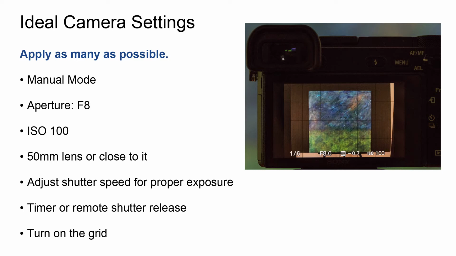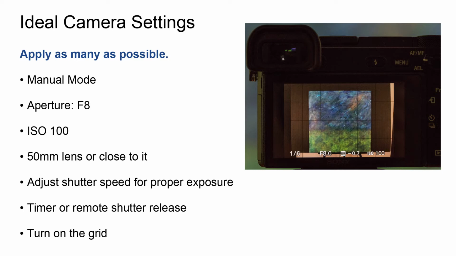So in manual mode, I'm not going to explain what every one of these means in detail, but your aperture. If you're on a point and shoot that shoots in manual, you can almost definitely do this. My cell phone cannot control aperture from the settings, but it does everything else.